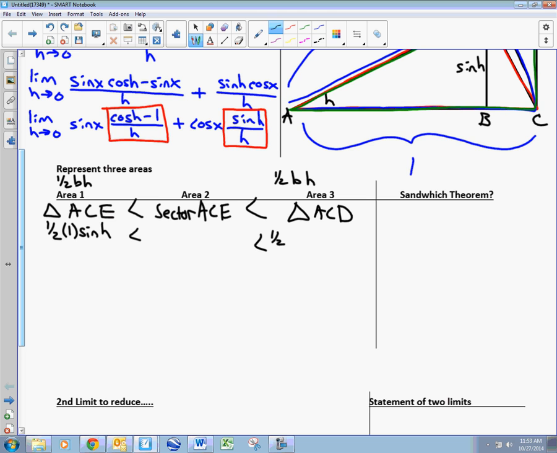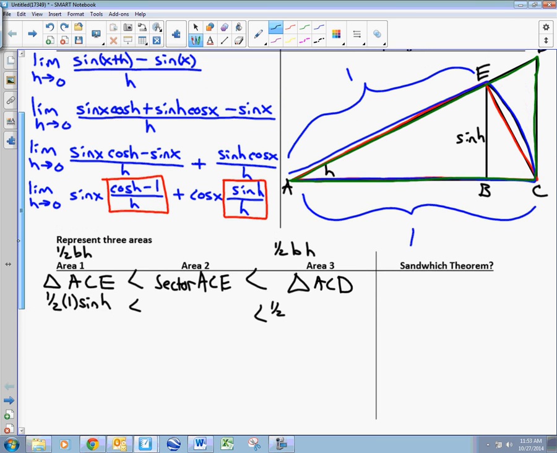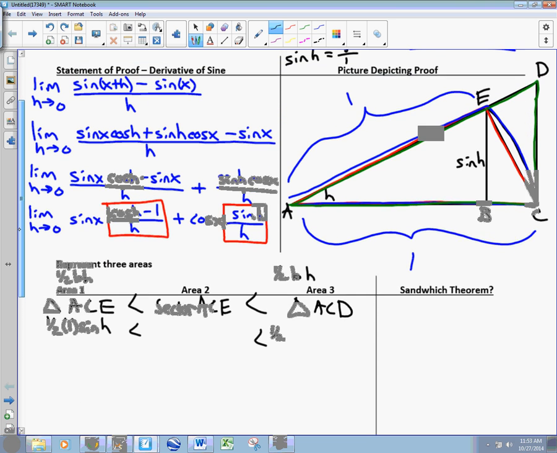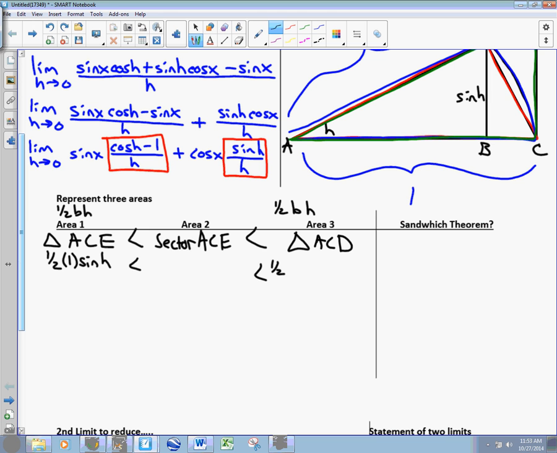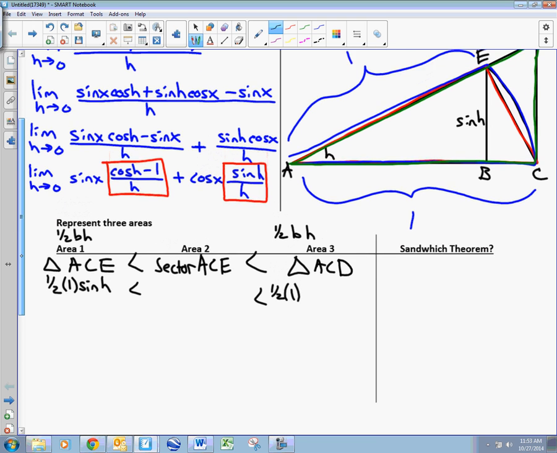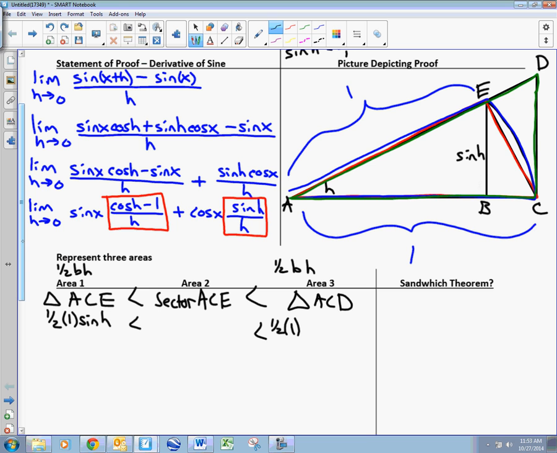1/2. What's the base of triangle ACD? Still 1. Let's now find the height. Would you agree that the height is side CD? Very good.